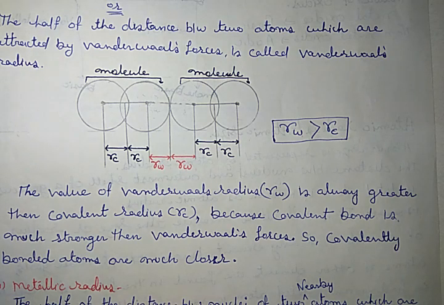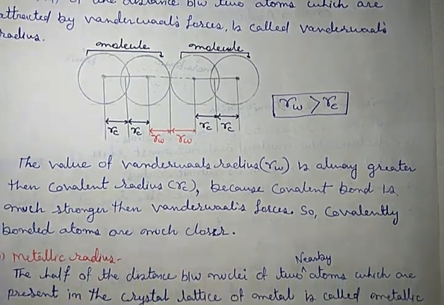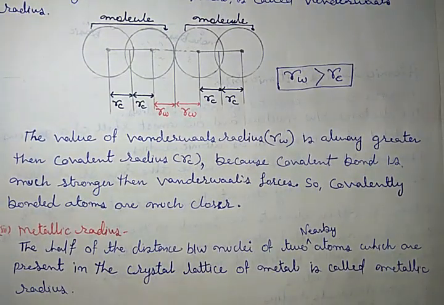Got it? Now the next one is metallic radius. To understand it, first we discuss the crystal lattice. That is a solid form in which the atoms of metals are closely packed.